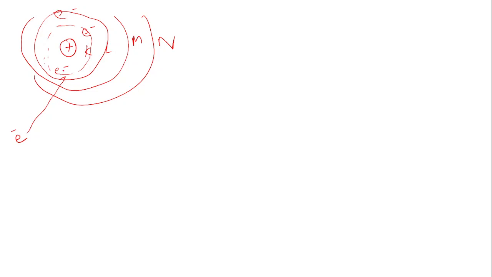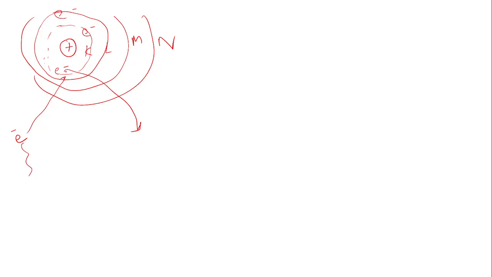It will knock out the electron from this atom. The energy is so much, it will be able to overcome the attraction energy and throw it out of the atom. When it transfers that energy to this electron to throw it out of the atom, it will lose energy. It will just fly off.